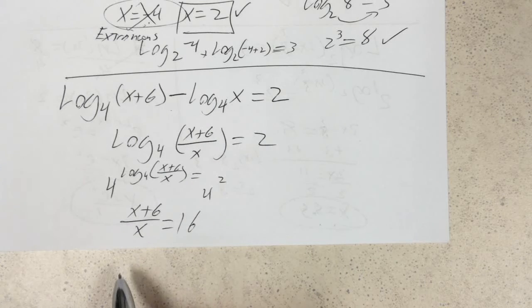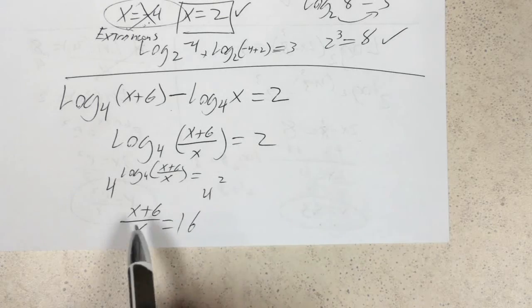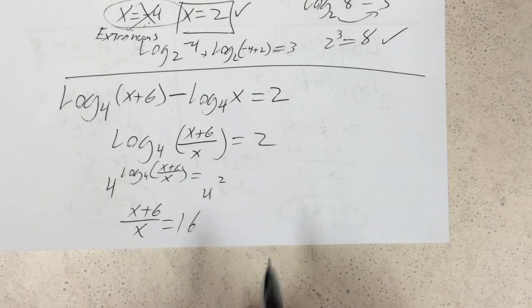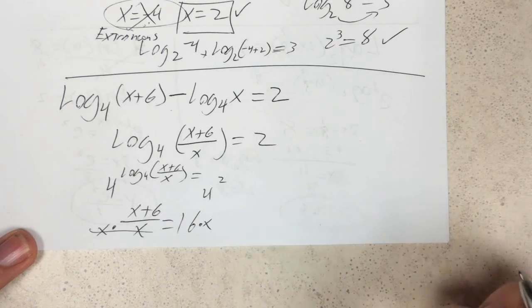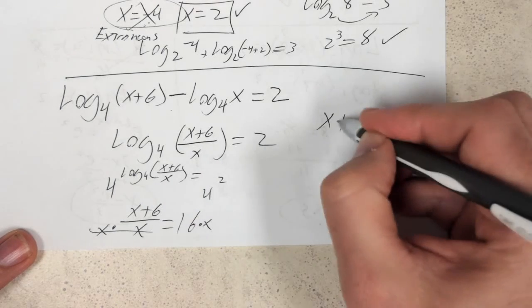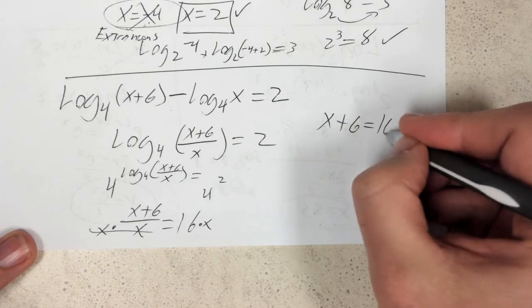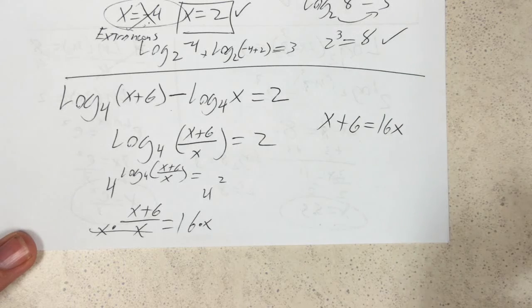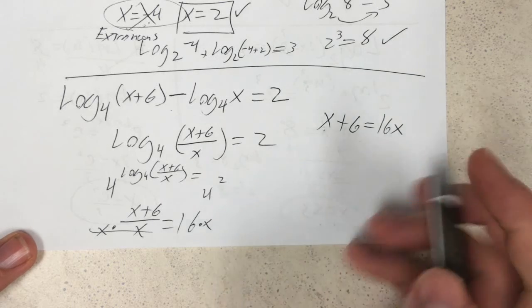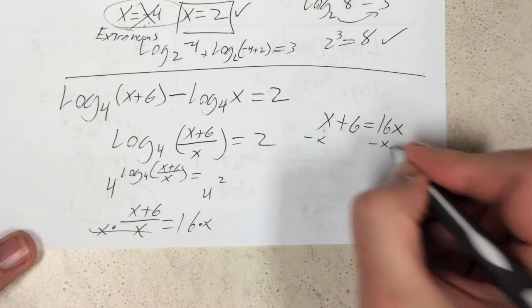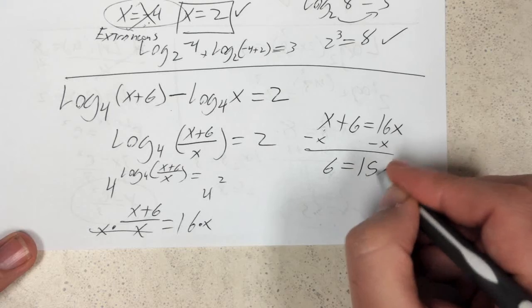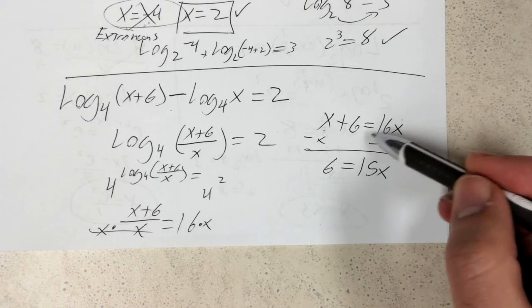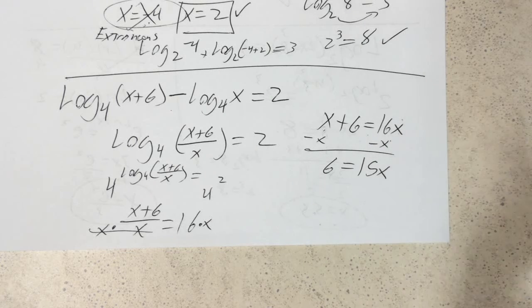And this looks really awkward, but in essence, it's just trying to solve. So we're being divided by x, so what we want to do is multiply by x. So that cancels. So x plus 6 is equal to 16x. And we want to get the x's together. So minus x, 6 is equal to 15x, because 16x minus 1x is 15.